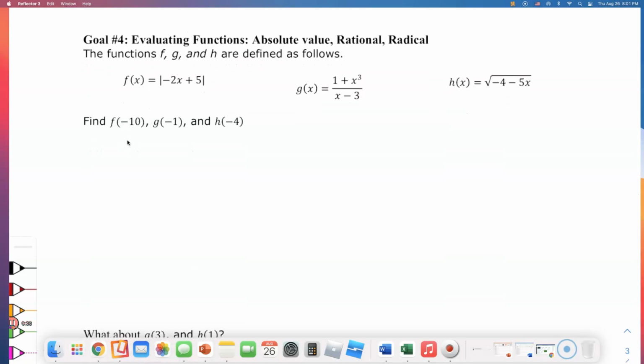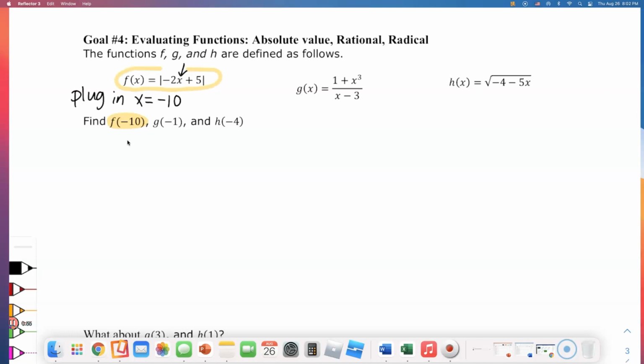So first of all, I have f of -10. So plug in x equals -10 right there into f of x.